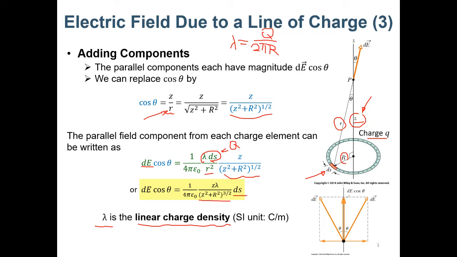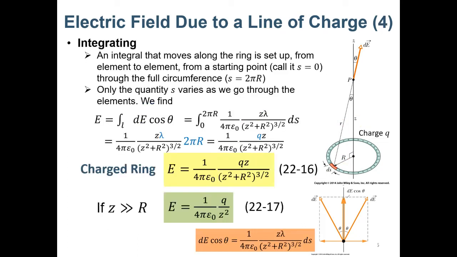So we already know the expression. Then what we need to do is just integrate over ds, and then we will know the final answer. We know that the total length is 2 pi R. So we integrate from 0 to 2 pi R over ds.